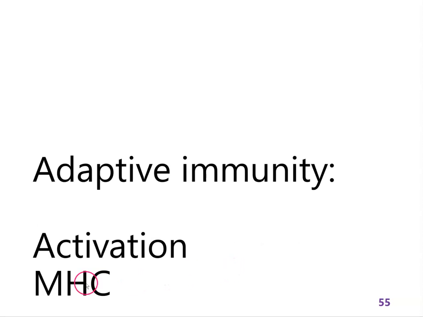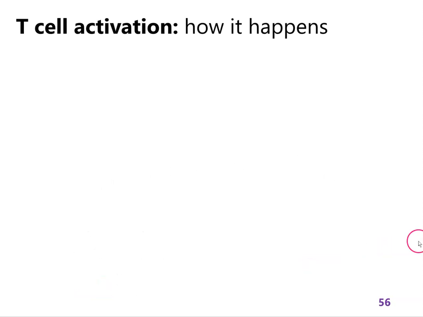And you'll see it does get confusing because situations where cells look at MHC are involved both in activation and in effector function. So you have to pay close attention to what is happening in all of these situations. There are 5 different situations we are going to see that involve MHC. So first, let's look at activation.